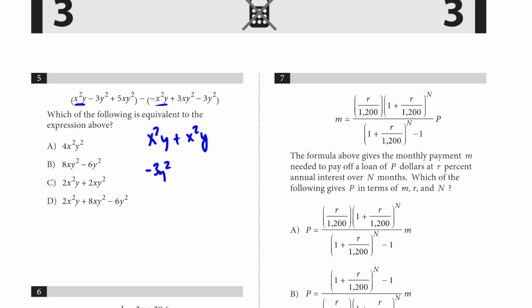We're -3y squared minus -3y squared. So that's plus 3y squared. So those are going to cancel. And then we have 5xy squared, and we're subtracting 3xy squared. So we should have 2x squared y squared plus 2xy squared. So that should be C.